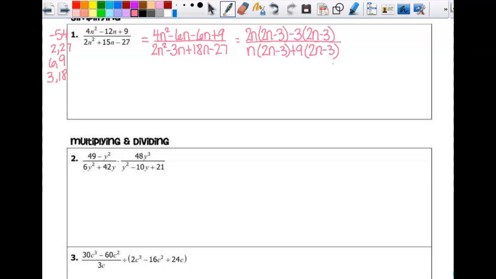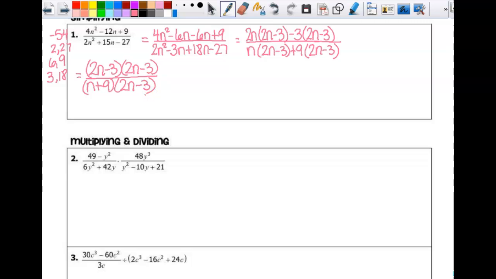Right here is not where you try and reduce anything. You are not finished factoring. When you finish factoring, you will get 2n minus 3 times 2n minus 3 over n plus 9 times 2n minus 3.